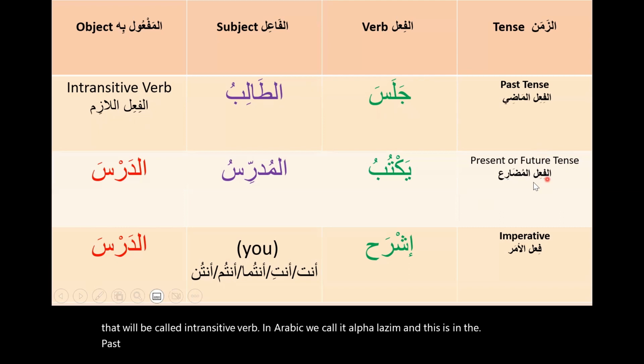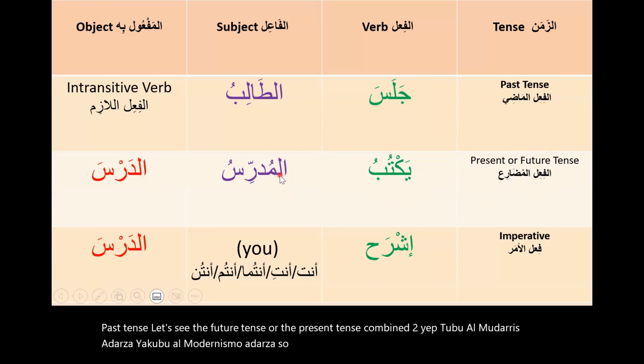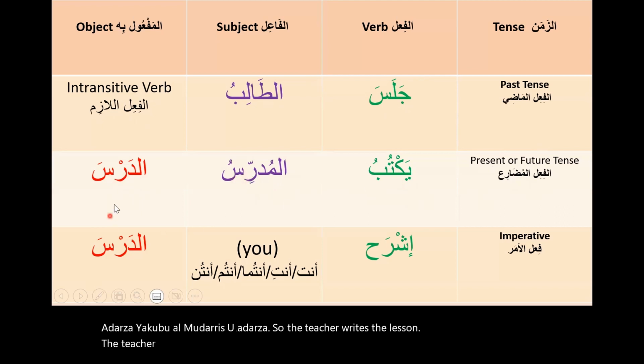Let's see the present tense, combined with the future too. يكتب المدرس الدرس. The teacher writes the lesson. مدرس is the doer or the subject, and يكتب is our verb.